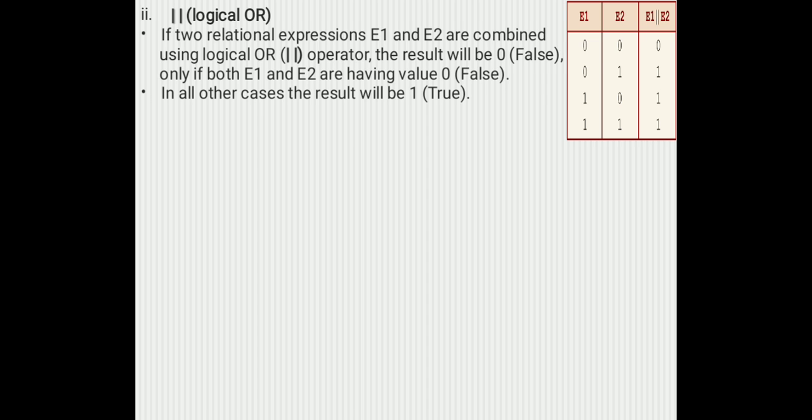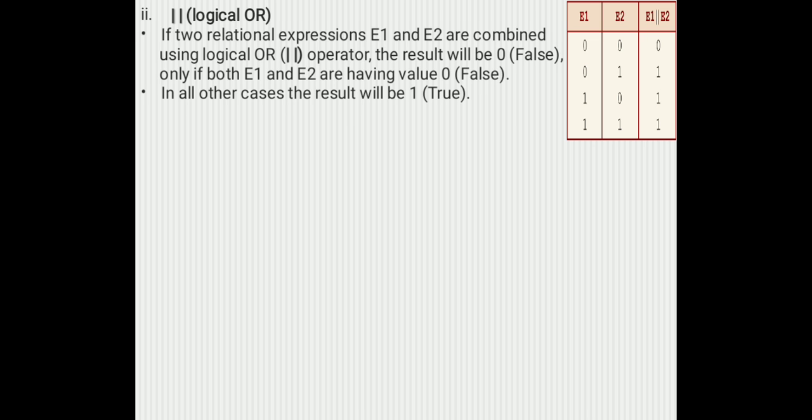Next is the logical OR operator. If two relational expressions E1 and E2 are combined using logical OR, the result will be 0 only if both E1 and E2 have the value 0, otherwise the result will be 1. That is the same as the logical OR gate. 0 plus 0 is 0, 0 plus 1 is 1, 1 plus 0 is 1, 1 plus 1 is 1.